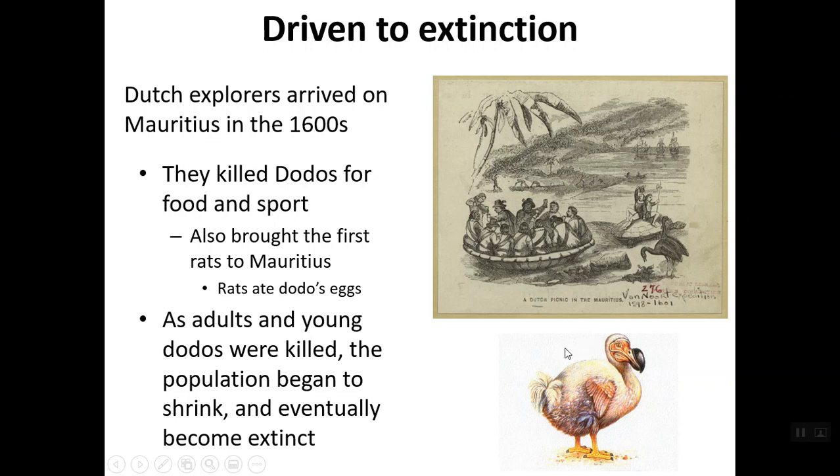But also the adults and the young were killed because of the direct use of these big birds by humans. So this was very quick. It happened in about 100 years. In 100 years, humans brought these giant birds to extinction.